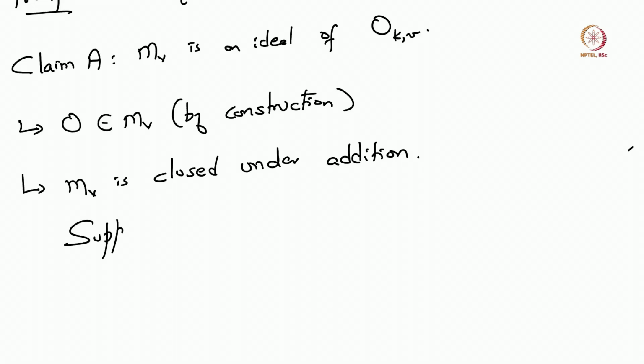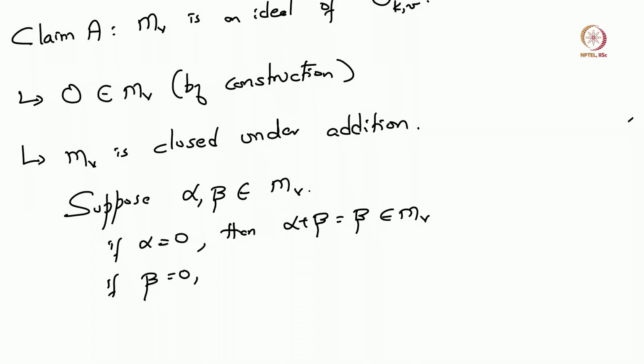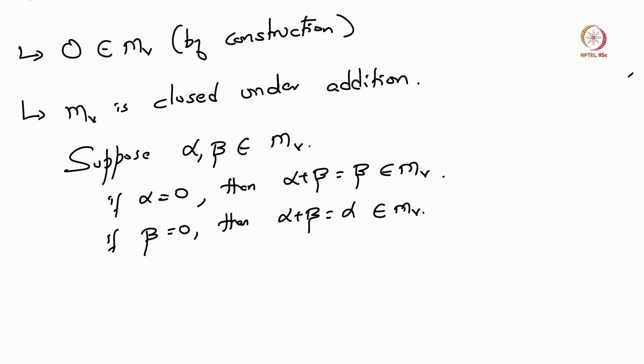So suppose you have two elements, alpha and beta in MV. Now if alpha is 0, then alpha plus beta is just beta, so it belongs to MV. If beta is 0, then alpha plus beta is alpha, and that belongs to MV. And if alpha plus beta is 0, then alpha plus beta belongs to MV again.